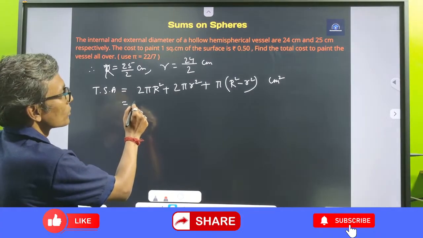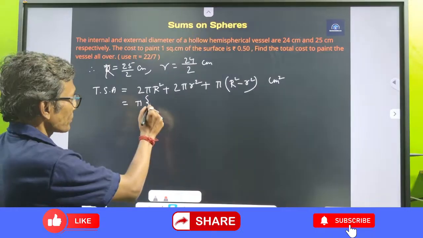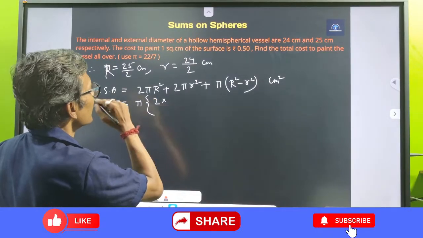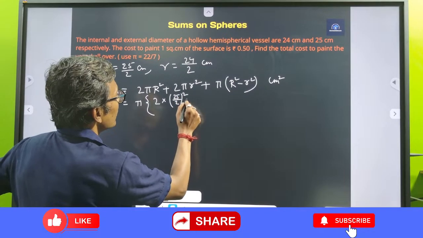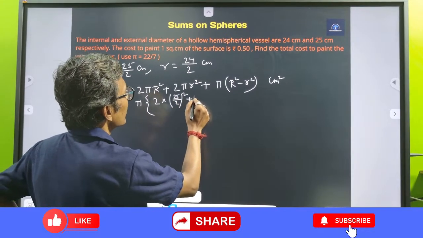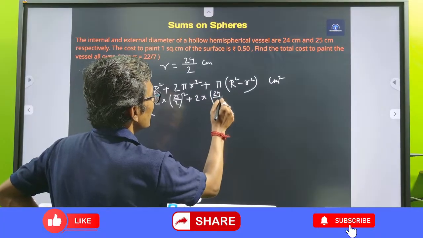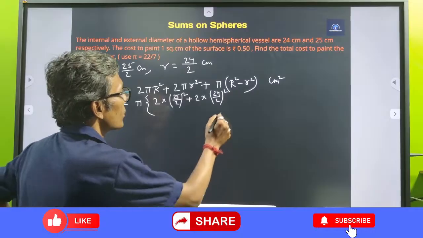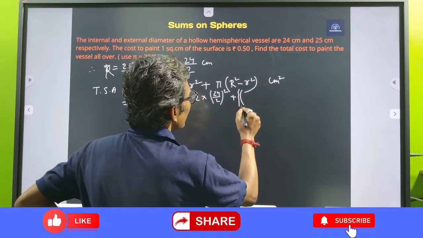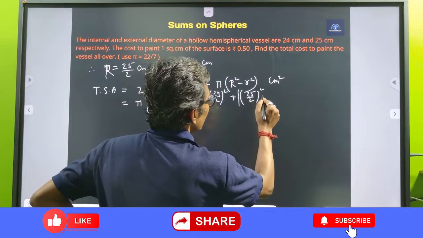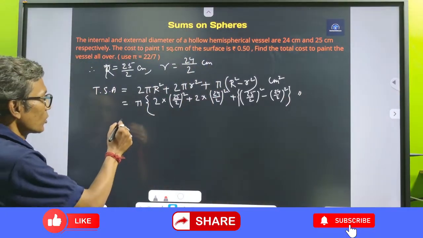So pi is taken as common, 2 into R square plus 2 into r square plus, so we have to calculate this.